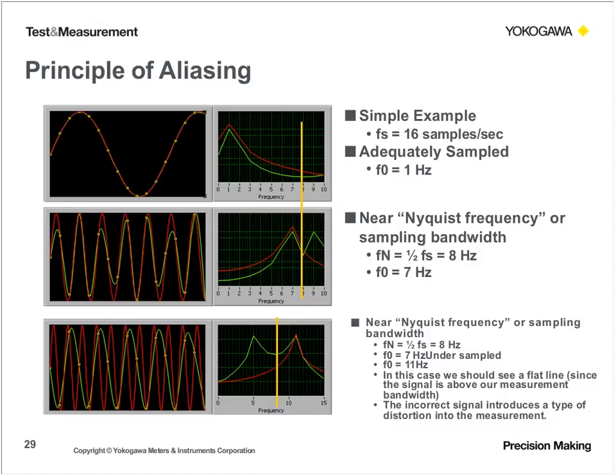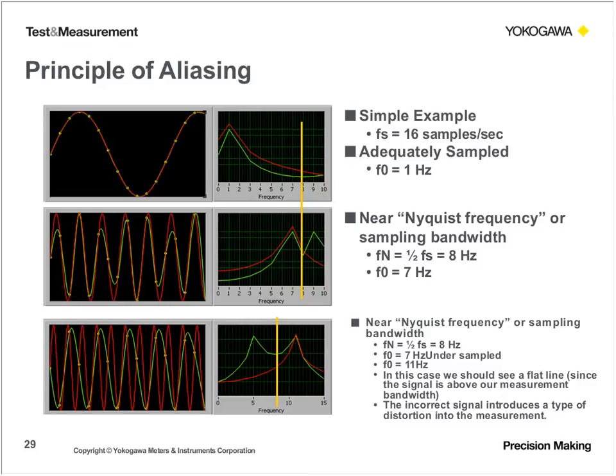Now, let's say we change the sampling frequency. Instead of 16 hertz, now we're sampling at 8 hertz. If we change the sample rates into the frequency domain, essentially what we have is a 7 hertz signal that we're trying to sample at 8 hertz. And so there might be some noise above 8 hertz that won't get folded onto the original signal.